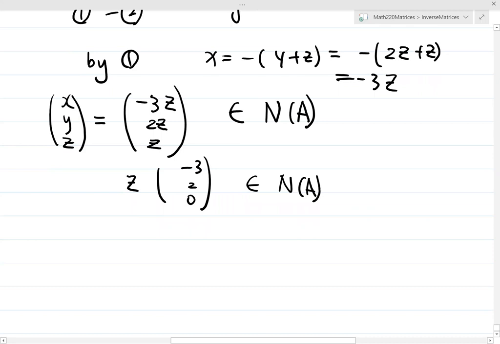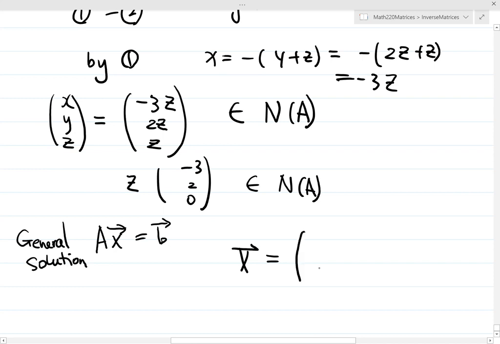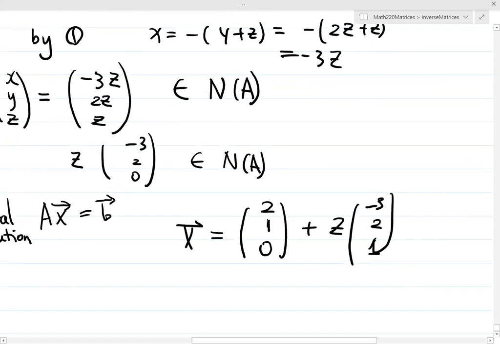So the general solution to Ax equals b is of this form: a special solution, which we already have, 2, 1, 0, plus a vector in the null space, z times negative 3, 2, 1.